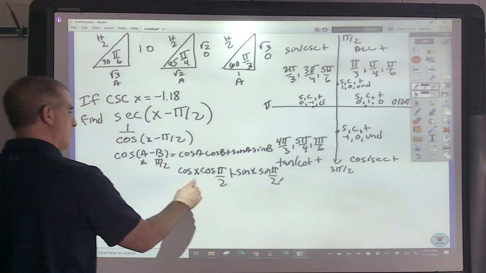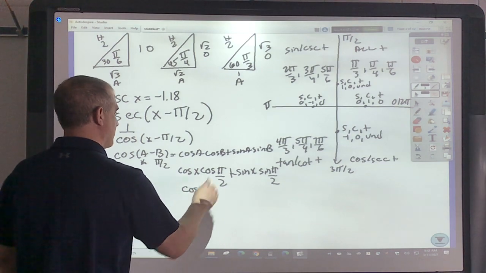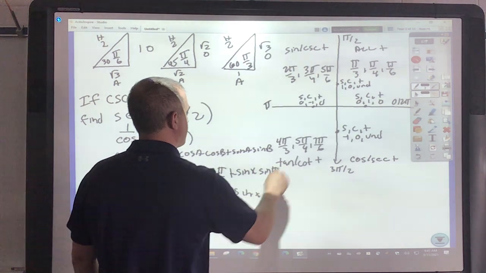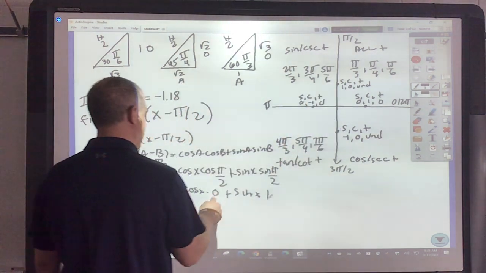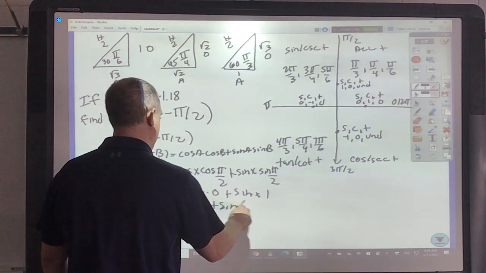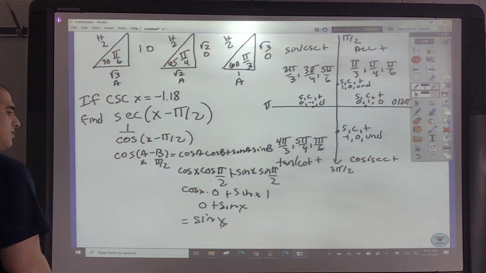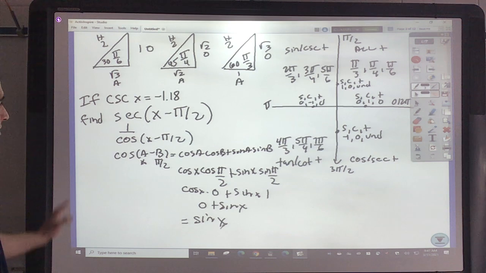We know that this would be 0 because cosine of pi over 2 is 0, plus sine of x, and we know that sine of pi over 2 would be 1. So that would be 0 plus sine of x. So this result is equal to the sine of x.